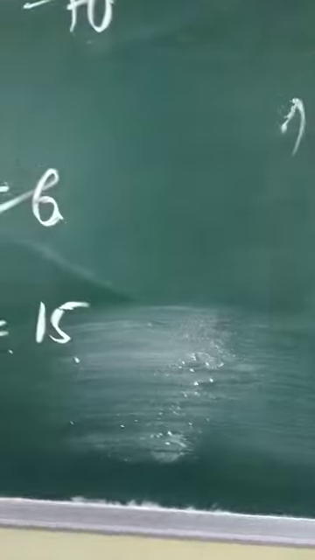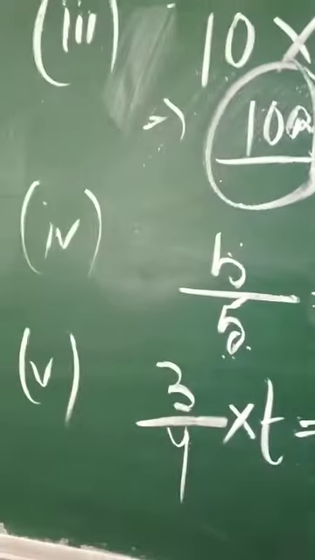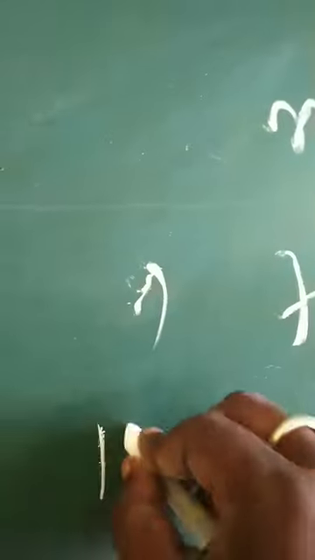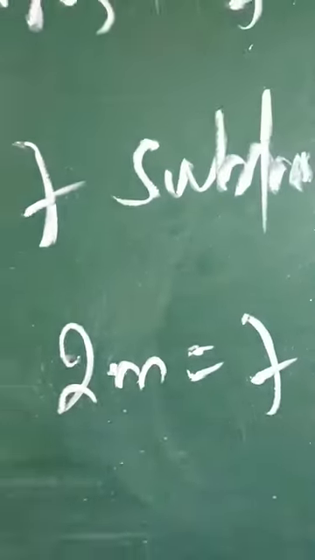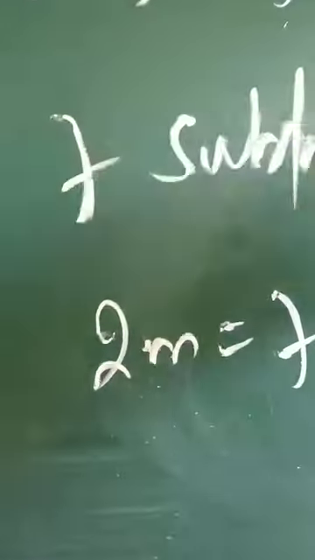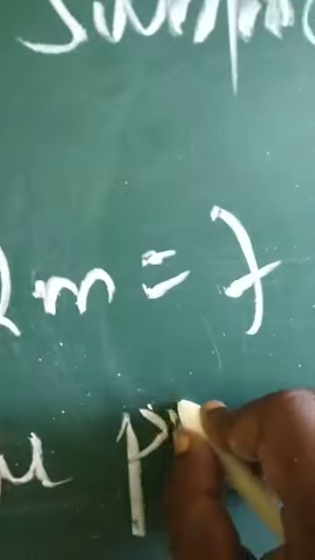The next one is 2m is equal to 7. We can write this statement in this way: the product of 2 and m results in 7.